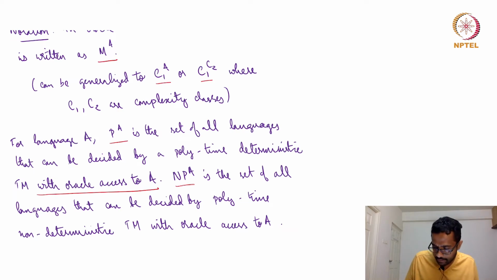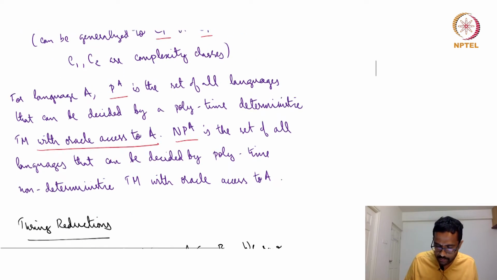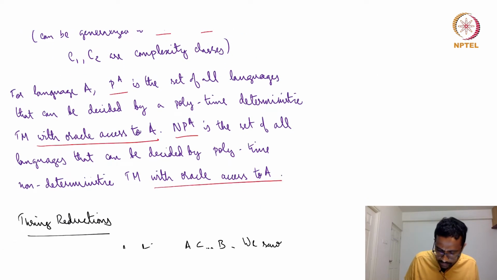NP superscript A is again the same thing. So what is NP? NP is a class of languages decidable by non-deterministic polynomial time Turing machines. NP superscript A is the class of languages that are decidable by non-deterministic polynomial time Turing machines with access to an oracle A, right? So again, the red underlined part at the end of the sentence is what changes, right?